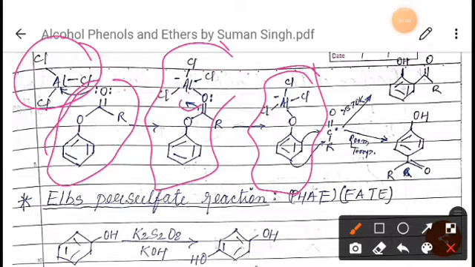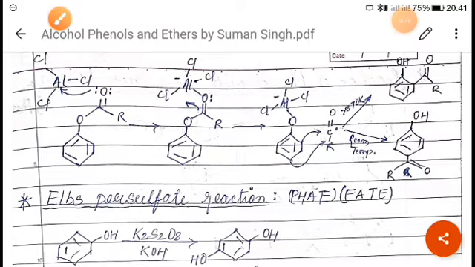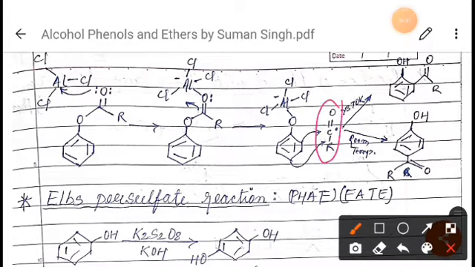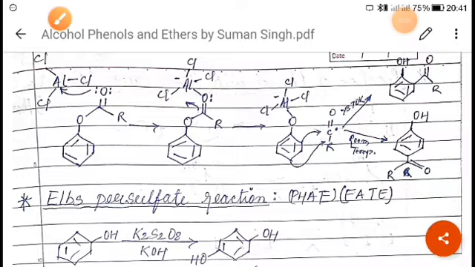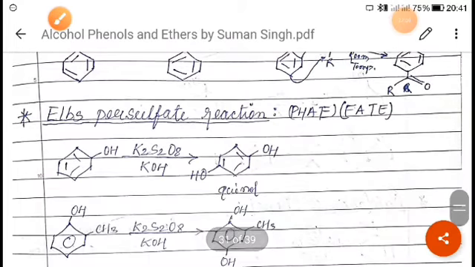So the one which is formed here can attack this carbon either from the ortho side or from the para side. So if the temperature is very high, the product will be the ortho product, and if the temperature is low, suppose room temperature, the product will be what? Para product. Okay, so I hope you have understood Fries rearrangement, right?